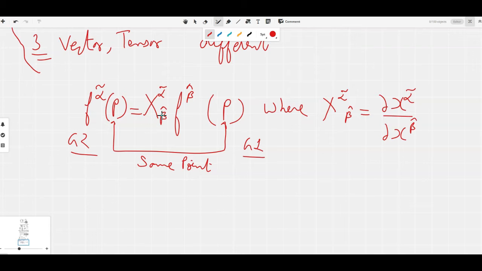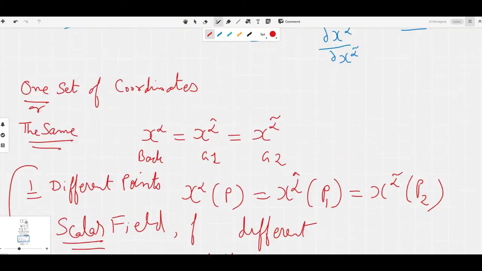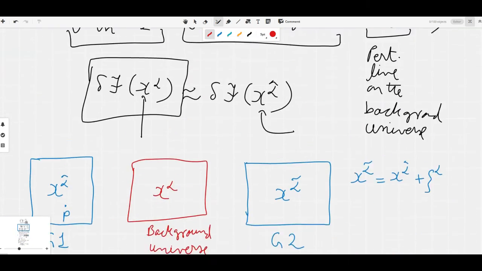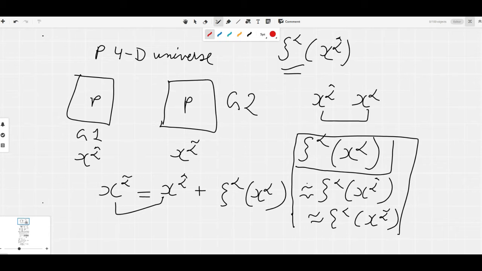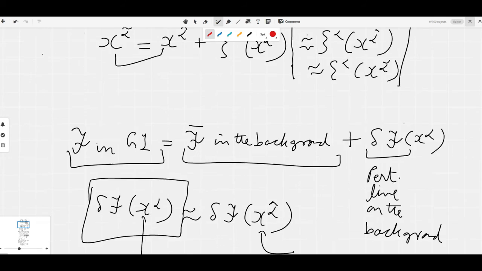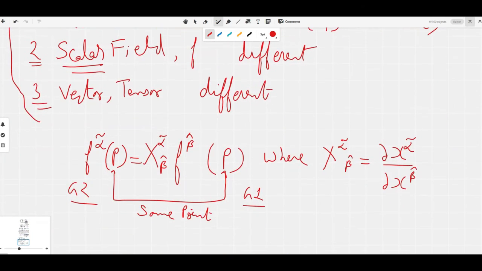And x alpha tilde is in gauge 2, and x beta caret is in gauge 1, as per the notation that we defined earlier. So we have gauge 1 x alpha caret, gauge 2 x alpha tilde.